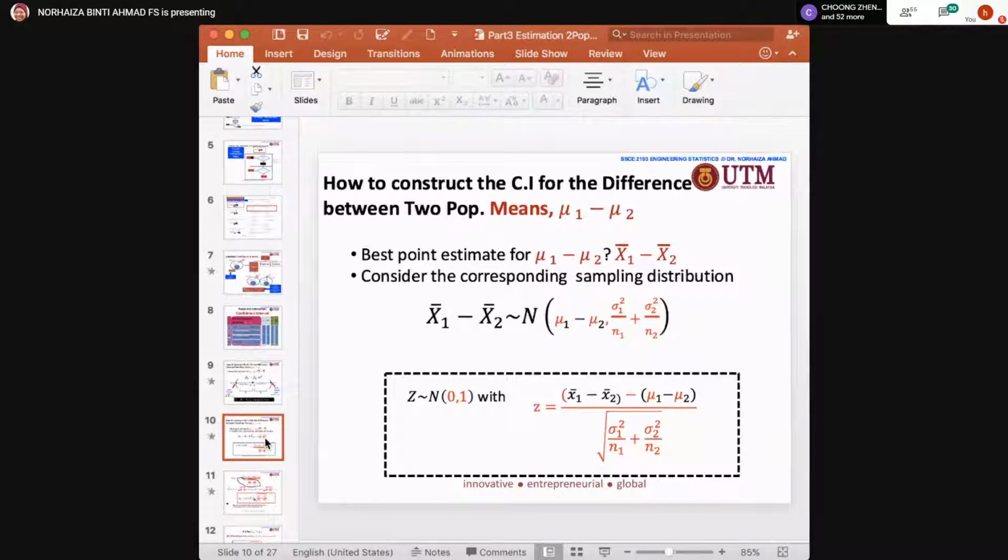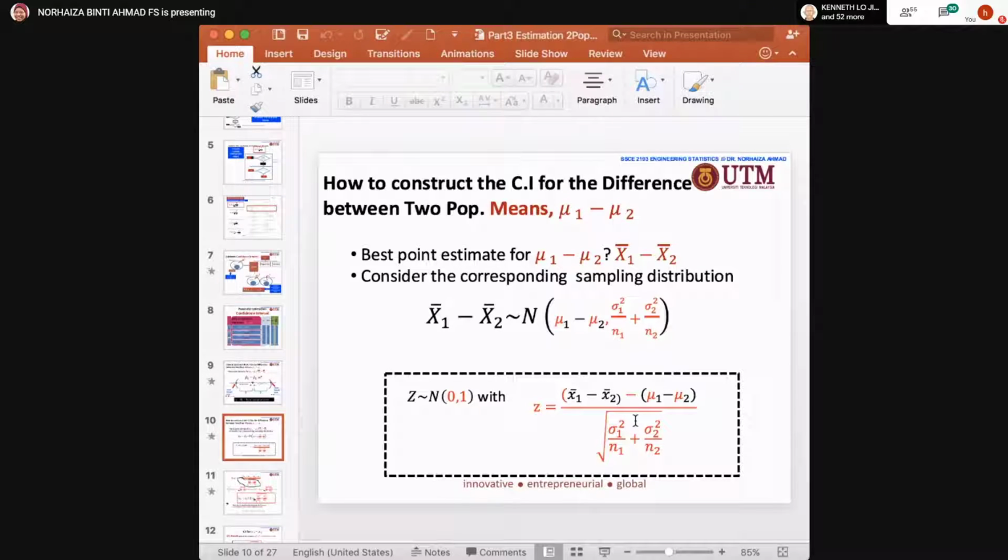Okay. Similarly, when you have a normal distribution, to find the probability you transform this statistic, x bar 1 minus x bar 2 standardized by its standard deviation. So when you want to calculate the normal probability, whatever value you have, you transform it into this value based on this formula.